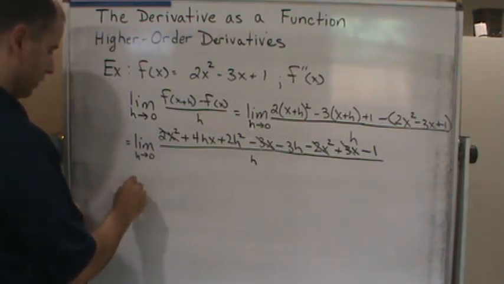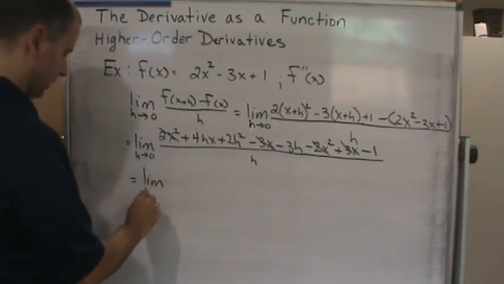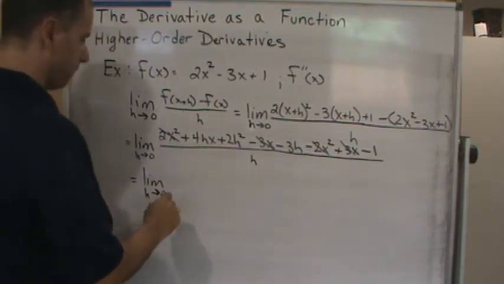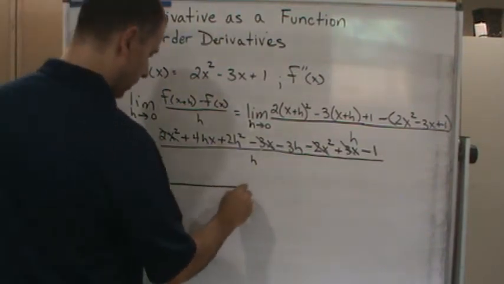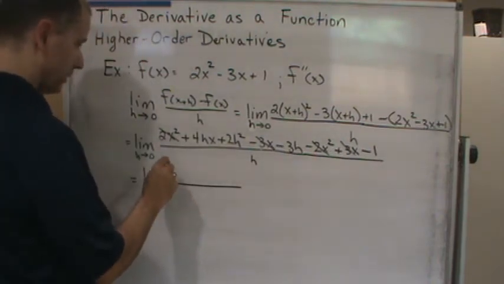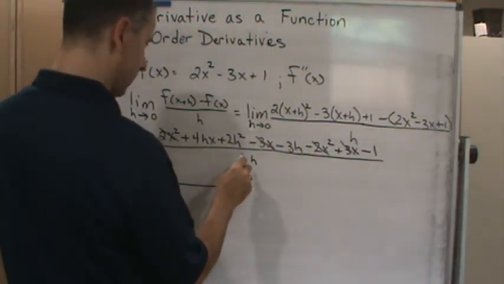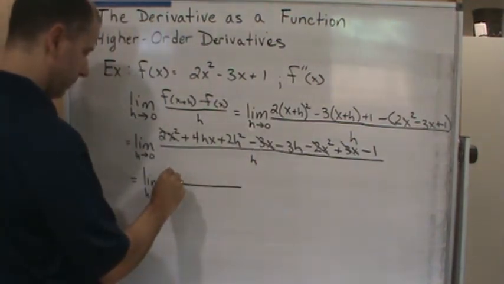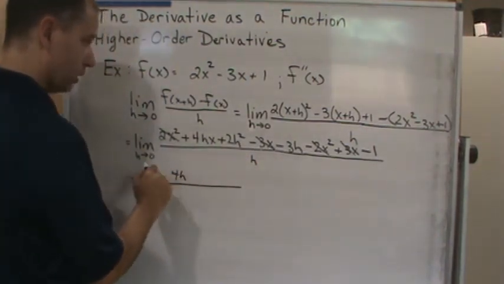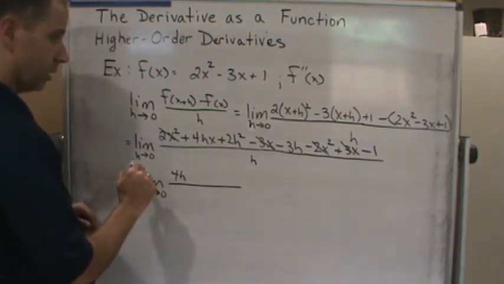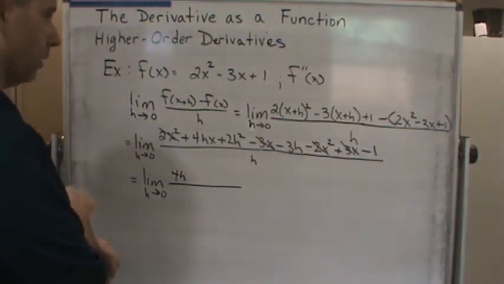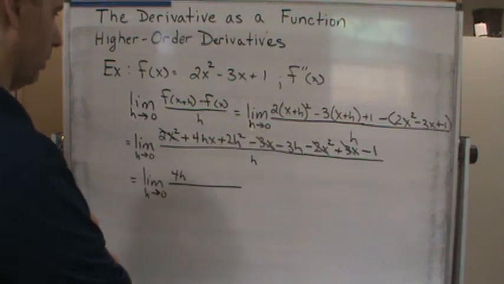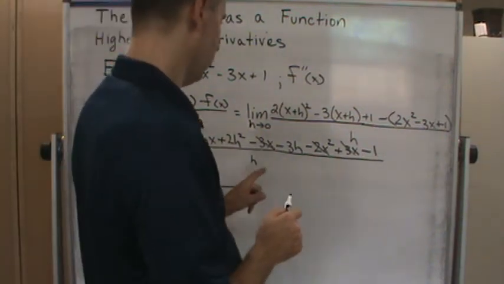So now this is going to be equal to the limit as h approaches 0. And what do we get? We get 4hx, oh, hold on. We missed one.